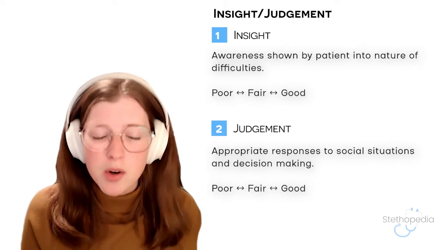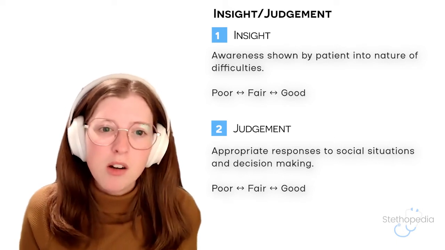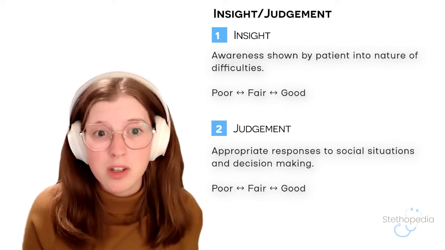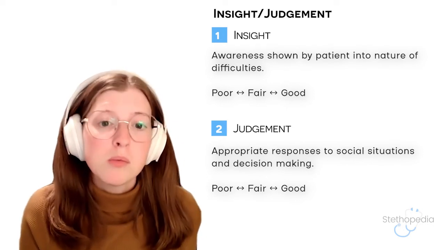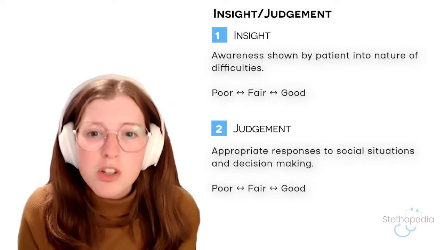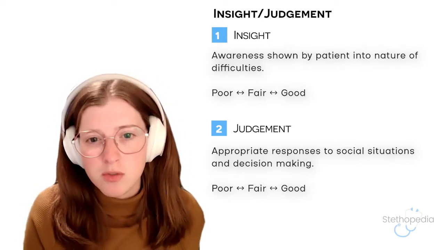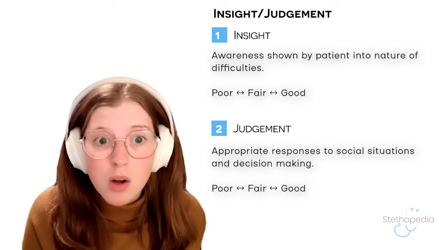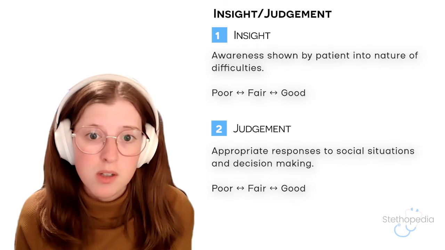Some ways to inquire about insight and judgment are largely by asking questions around consent and capacity. For example, what do you think is going on? What do you think would be helpful? What is your understanding of what these medications are for? What would happen if you stop the medications? How long will you have to take these medications for?